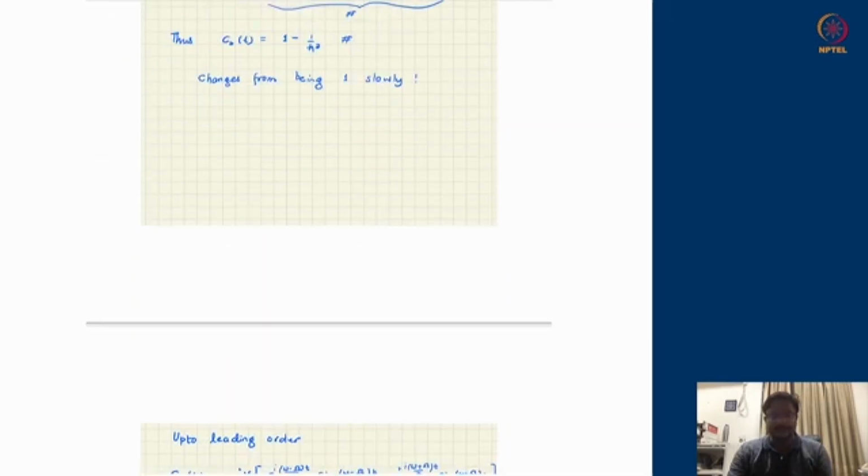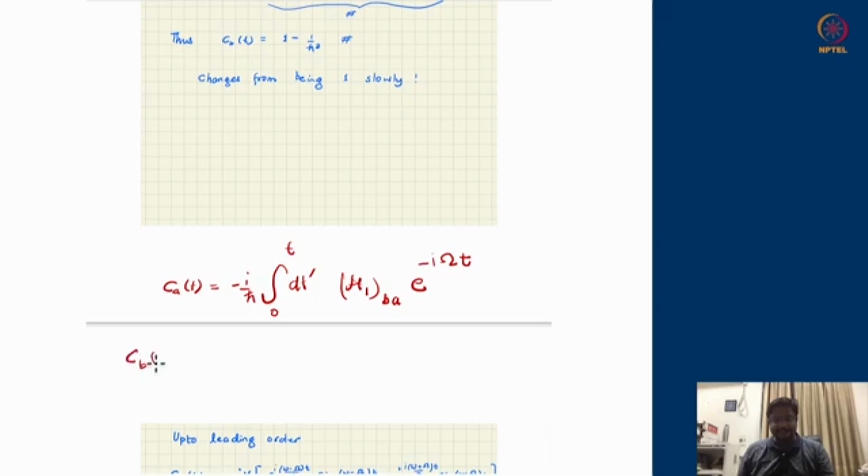Now we had both equations in hand. CA of t is just single integration of matrix element H1BA and e to the power minus I omega t, while CB of t is different from 1 in 2 powers of h as well as double integrals, one for dt running from 0 to t and other for dt double prime running from 0 to t prime.